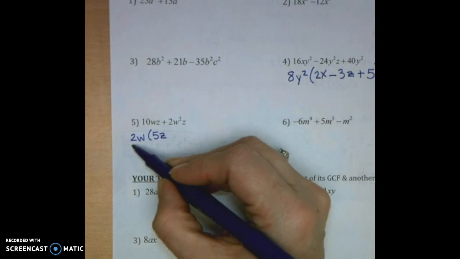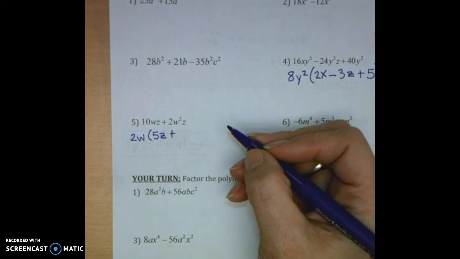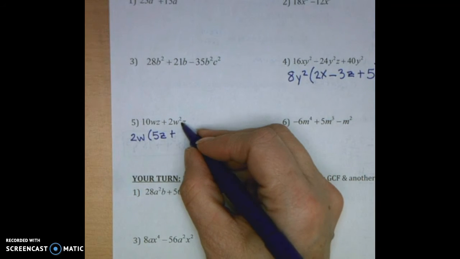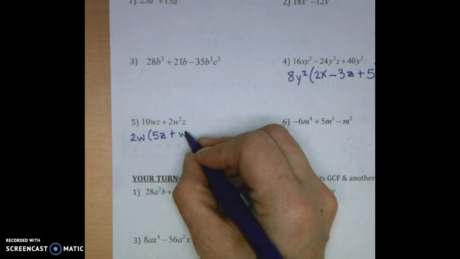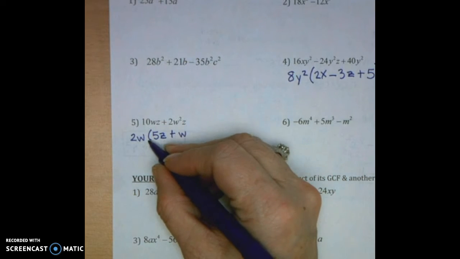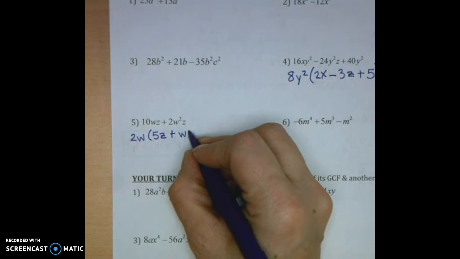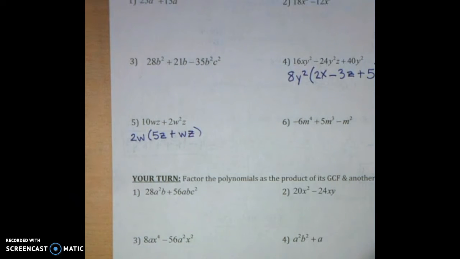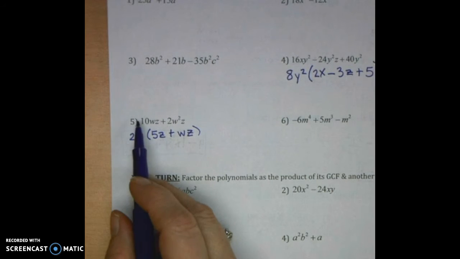For the next term, 2 divided by 2 is 1. I don't have to write 1 because I'm multiplying. W squared divided by w is w, and z is not being divided by any other z's, so I'm going to keep it the same. So that would be the answer to problem number 5, rather.